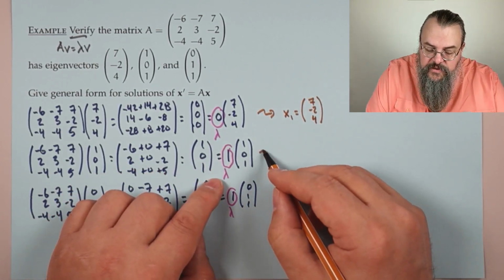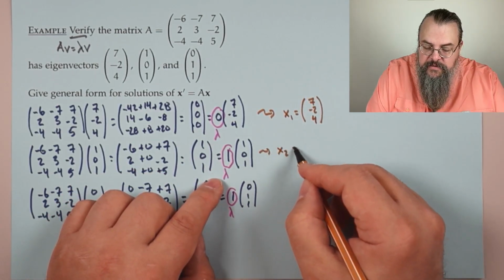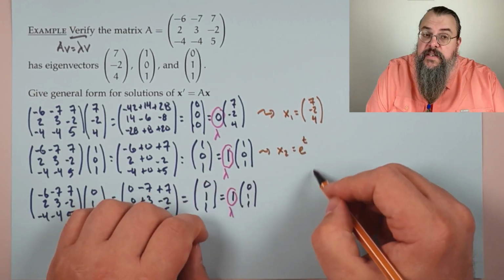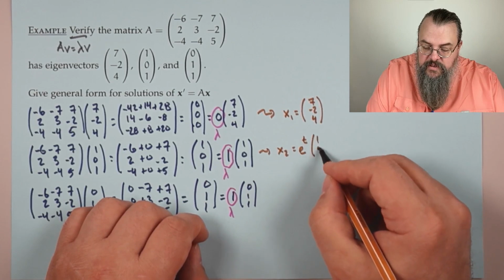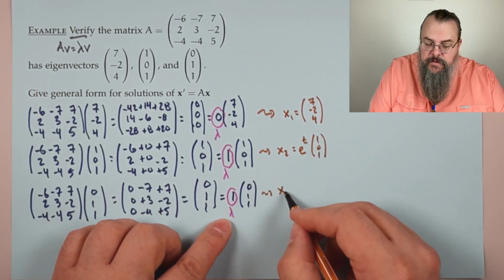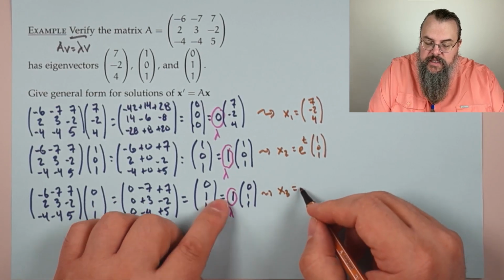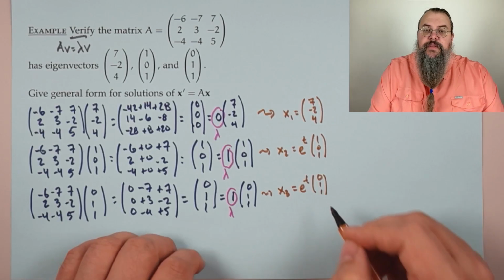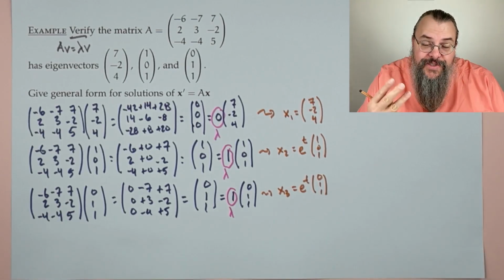Our second solution is e to the t times 1, 0, 1. This solution would be what? Again, e to the eigenvalue t, eigenvector. Okay, so we have 3 solutions.